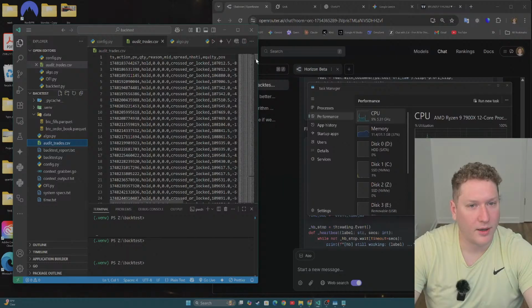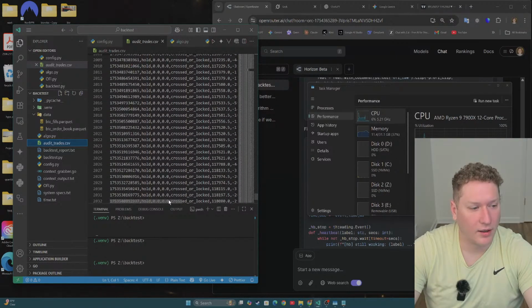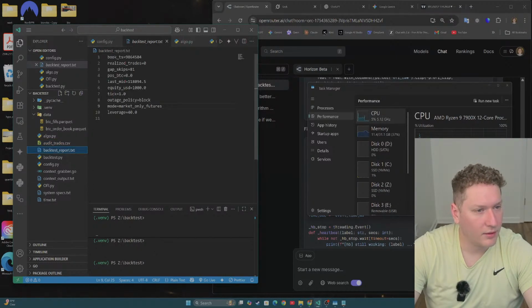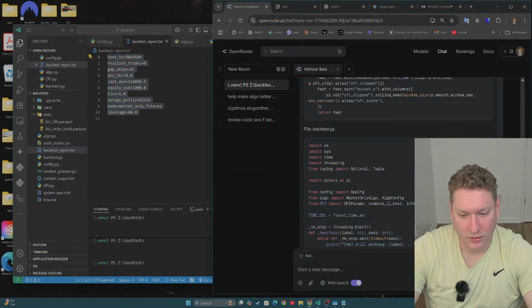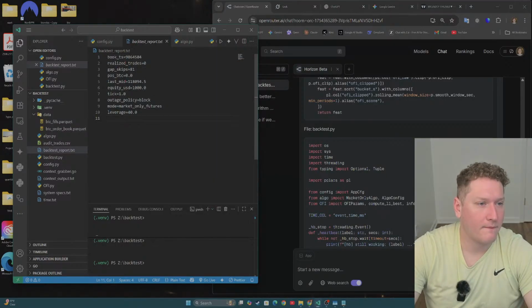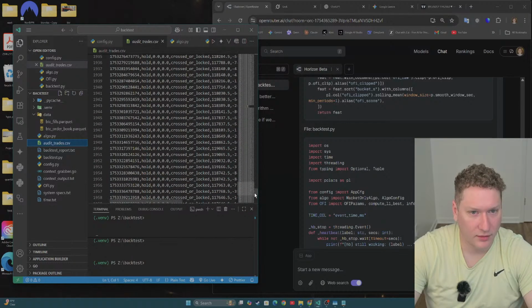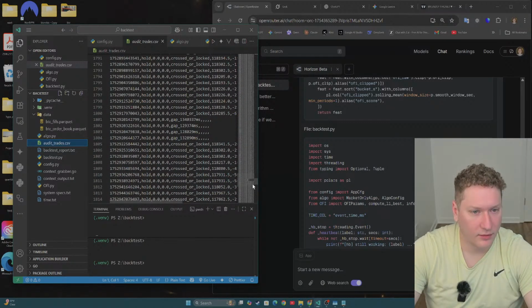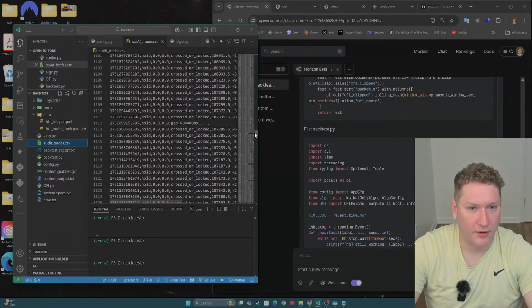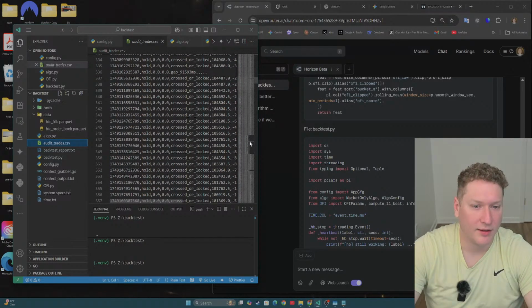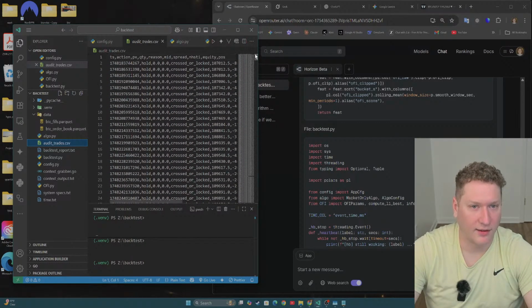Audit trades. Wow, look at that. All right. Backtest report. So no trades, because what's going on here? Oh, that was probably a gap. Okay, you can actually see the gap. Very cool. I like this CSV.